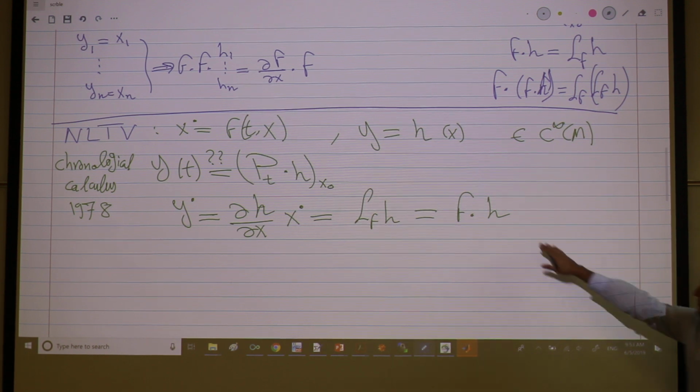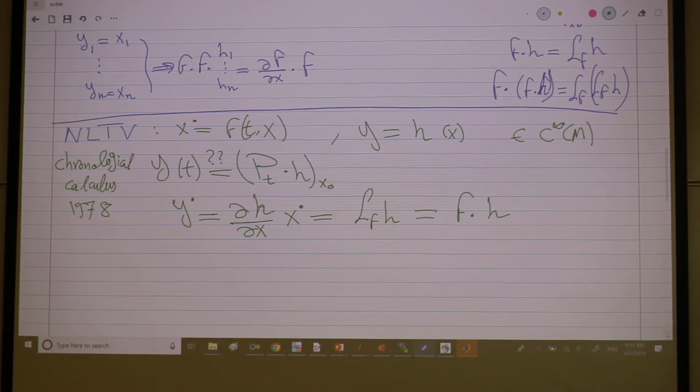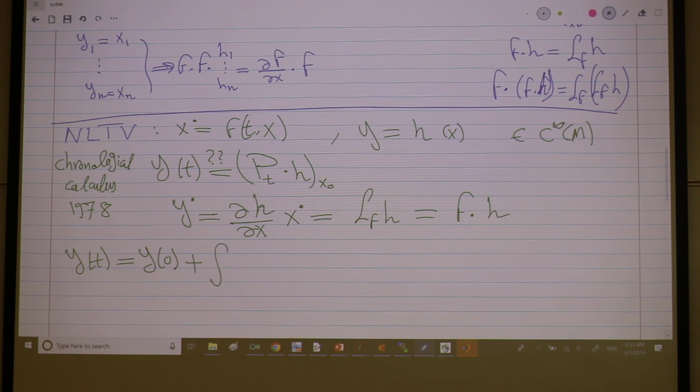Let's write down the solution of this equation. So it's just y at any time is the initial value of y plus the integral of f acting on h. I'll write it as is, but with some detail. So this is f of tau, x of tau, right? Because f is a function of t and x acting on h, d tau.